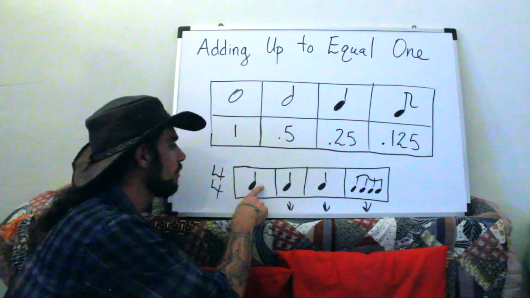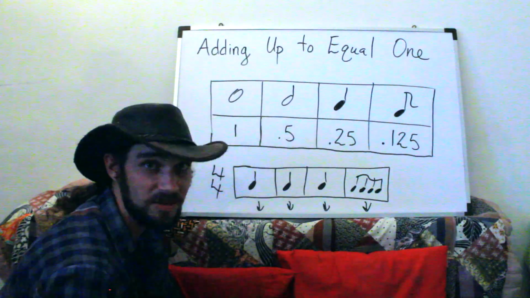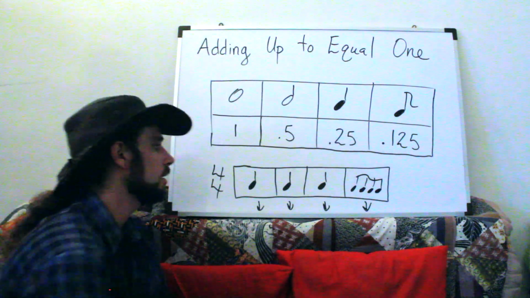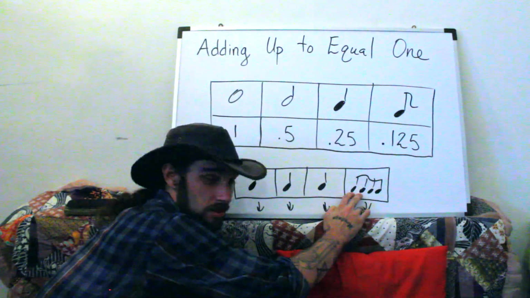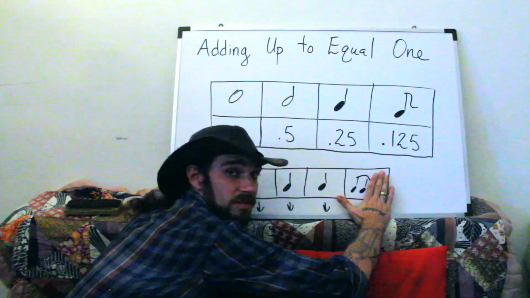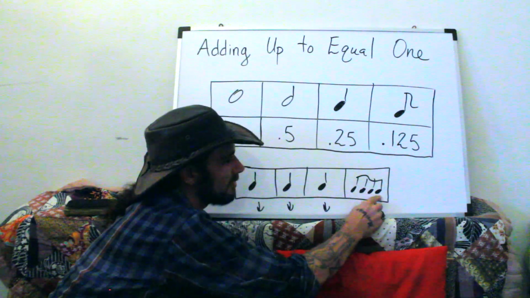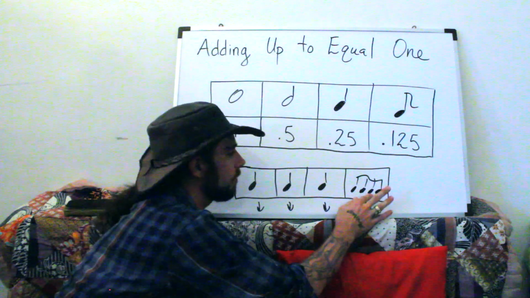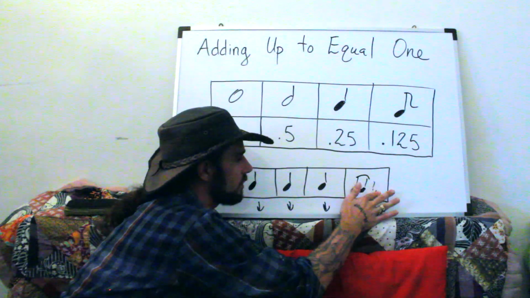So here we've got a quarter, quarter, quarter, that equals up to 75%. And then we've got 2 eighths, which equal up to a quarter. So right there, we already have enough information. And we've got these extra eighths here. That can't happen. So to solve this, we need to erase that.